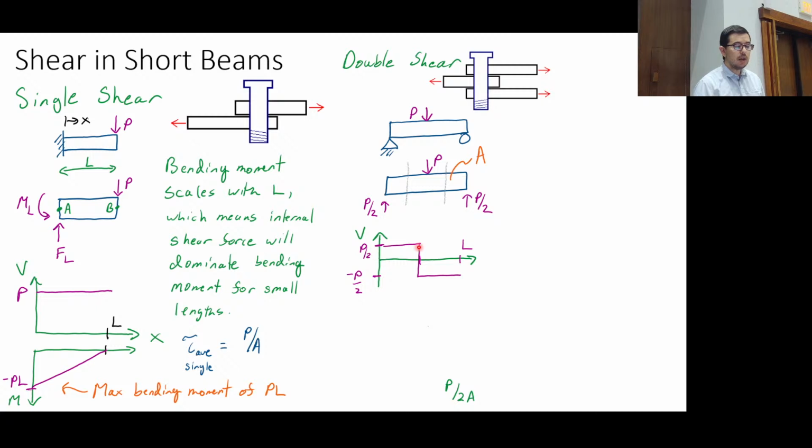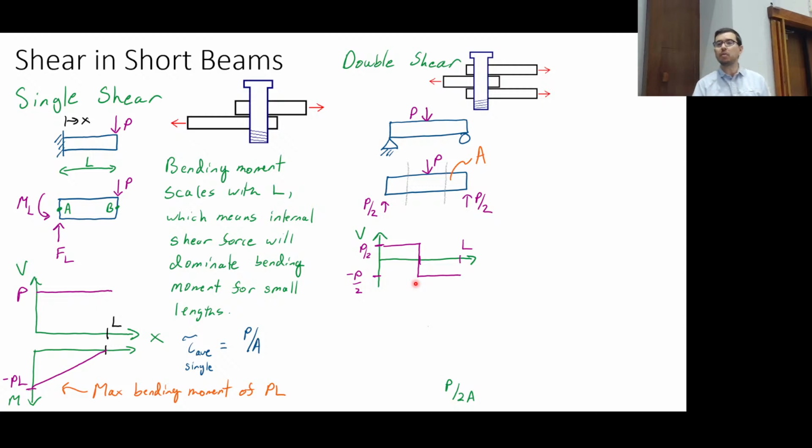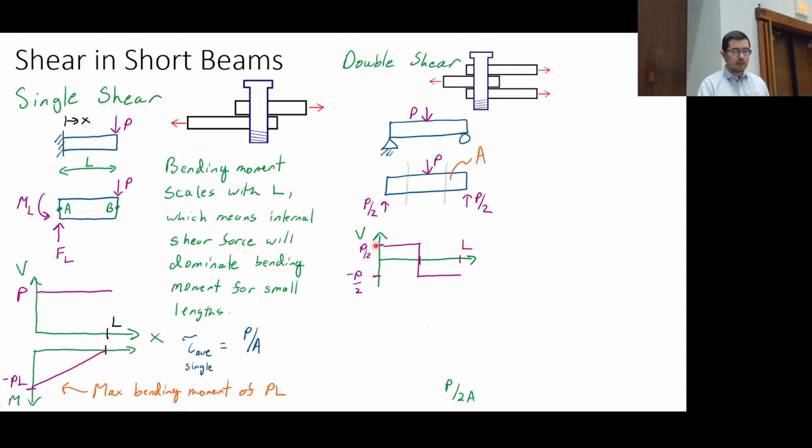This is a good example of when you have a concentrated force and we're going from left to right and it's acting downward, boom, it causes a big delta V. The delta V is equal to minus P in this case. That drops it down. You can go back and look at what we've been discussing in terms of shear force and bending moment diagrams, if you like.